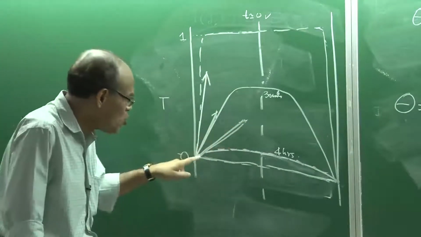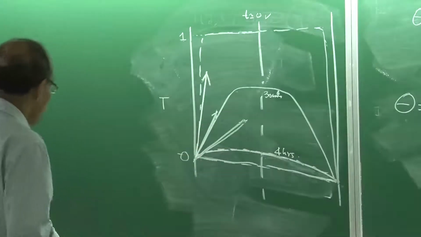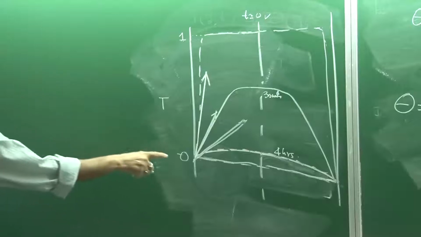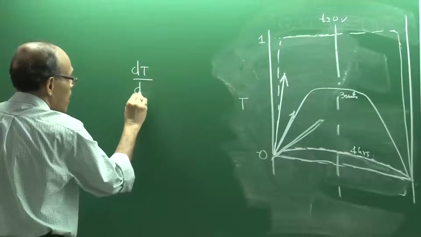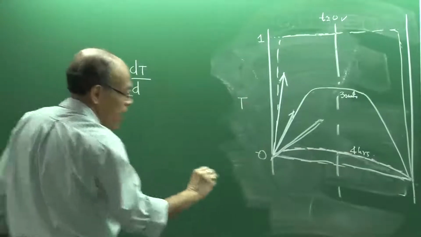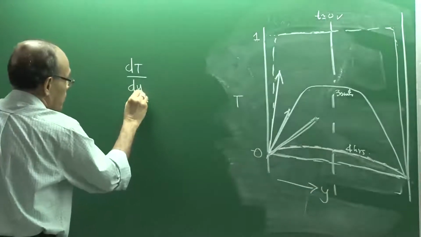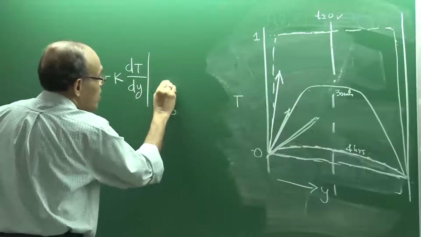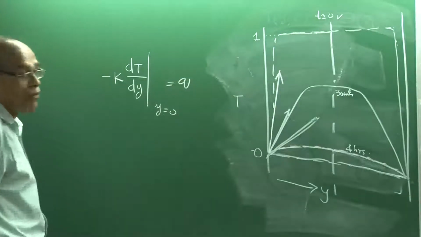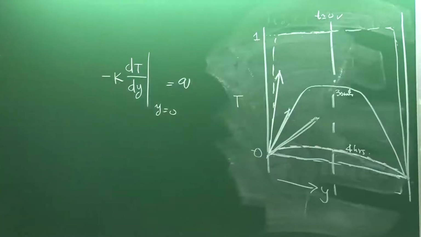And what does this slope essentially indicate? This slope essentially indicates that it is the flux of heat. Okay? So, I am evaluating the slope of the line, and if I multiply this, and if this represents my y, for example, then multiplied by k, and this is at y equal to 0, that basically is the heat flux, heat entering through the surface into the one dimensional domain.